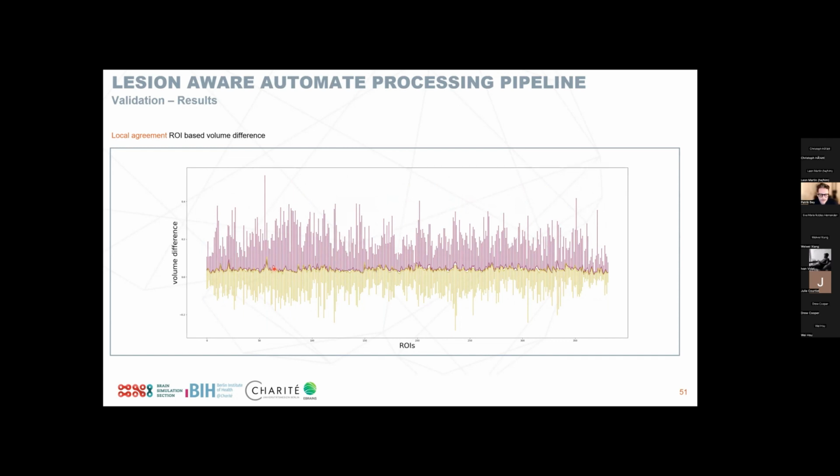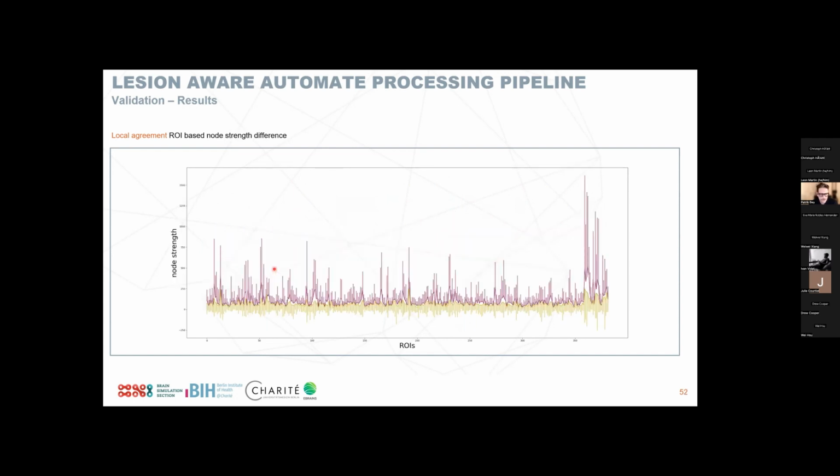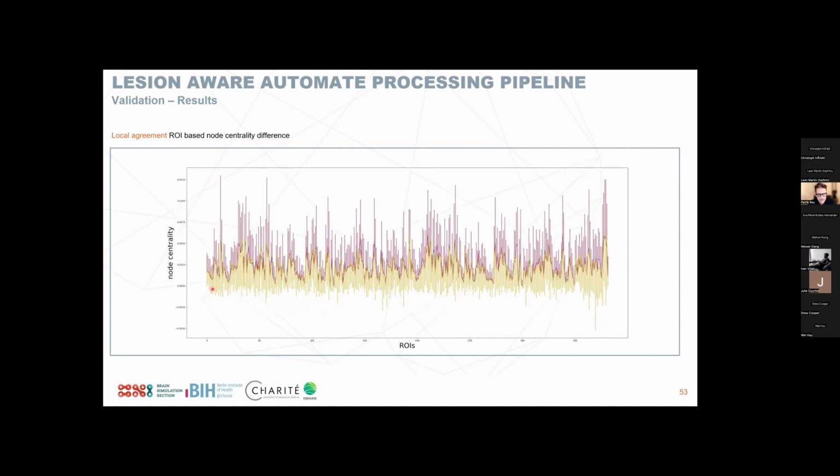So the counts of the actual region voxels we see significantly increased for HCP as opposed to LEAP, that is significantly closer to the ground truth. And also on the network metric level, we see the same thing. So the difference in node strength for each of those regions is significantly larger for HCP as opposed to LEAP, and the same for the node centrality as well.